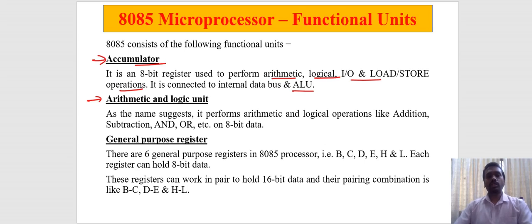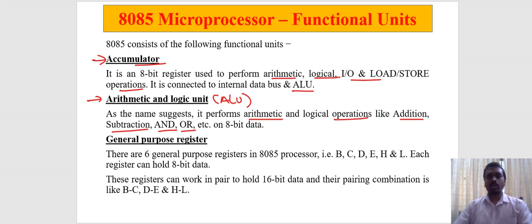Another functional unit is called the arithmetic and logic unit, shortly known as the ALU. As the name itself indicates, it performs several types of arithmetic and logical operations. Addition and subtraction are the arithmetic operations, and some logical operations are AND, exclusive OR, and NAND.